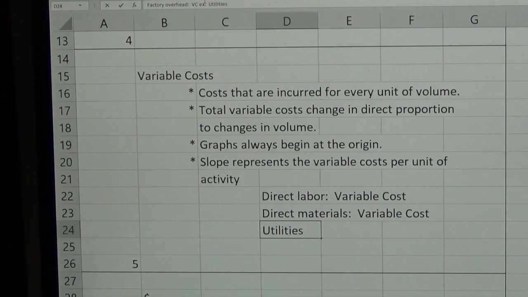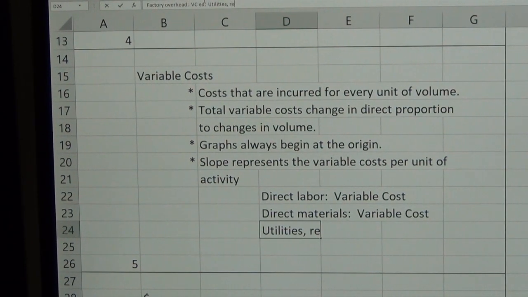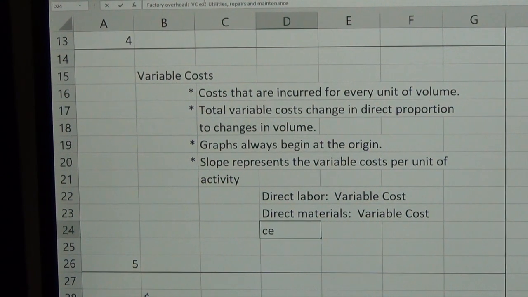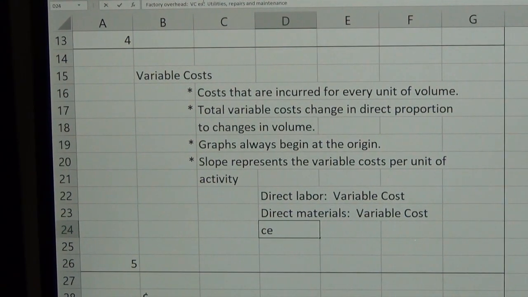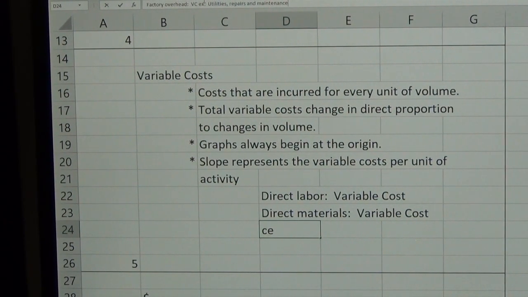You could also expect repairs and maintenance. As your machines are moving and producing more, then your maintenance is going to kick up, repairs are going to kick up. So that would also be a variable cost. And these are all part of factory overhead, right?